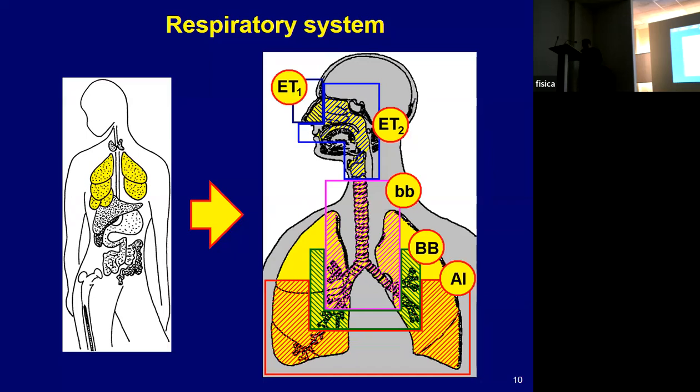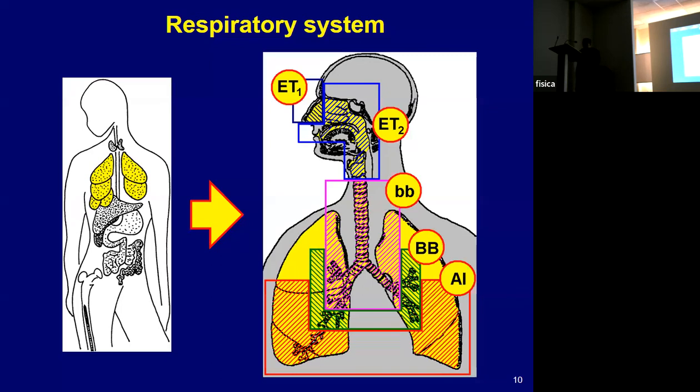And the third area is the alveolar-interstitial region, AI, which includes the airways from respiratory bronchioles and alveolar ducts to the alveolar sacs and alveoli included, and the interstitial or connective tissues in them.